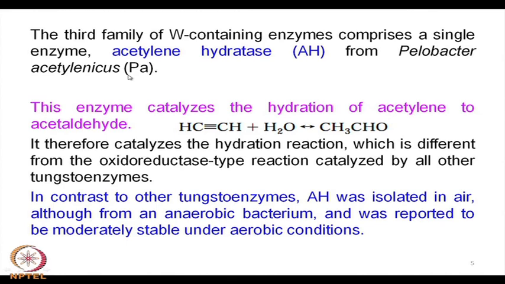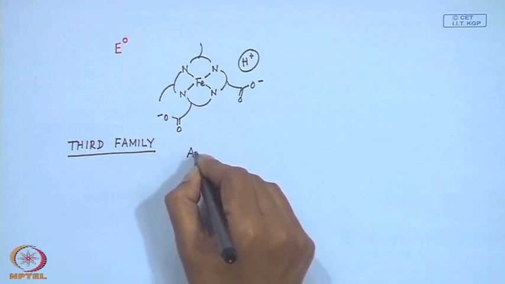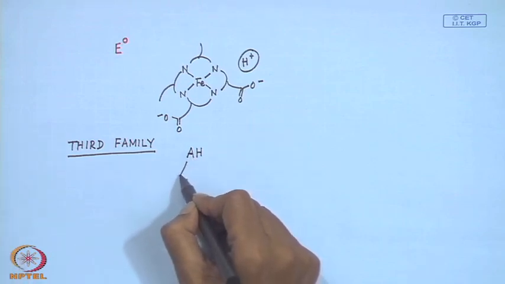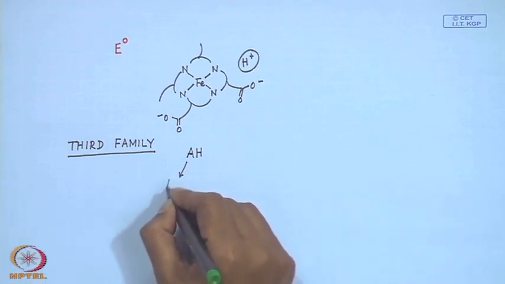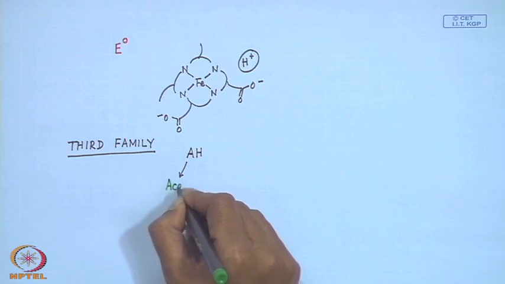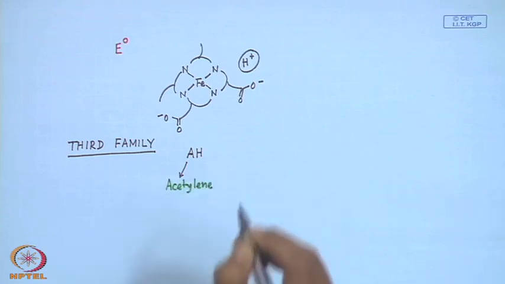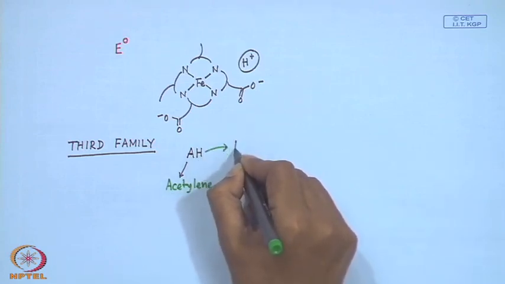This particular enzyme is abbreviated as AH, which is not to be confused with aldehyde. So, A stands for acetylene, that means it is functioning on the acetylene unit, and this H is for hydratase.